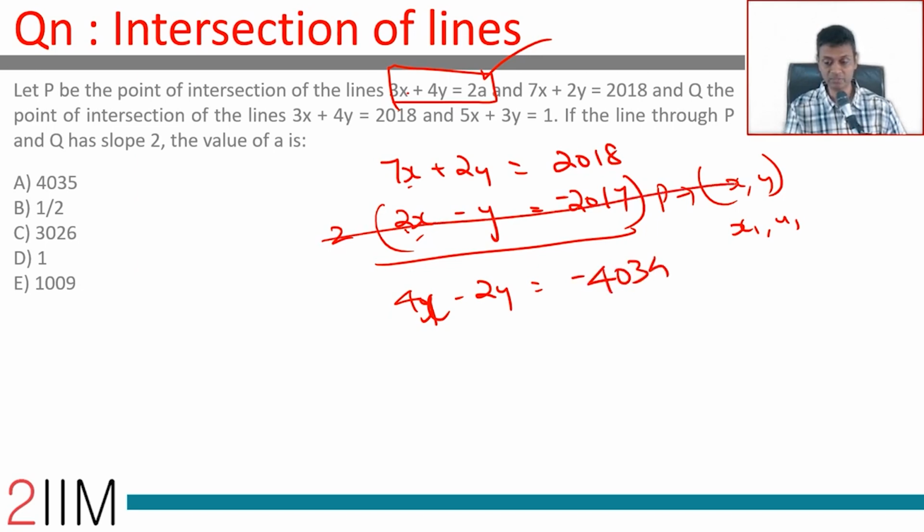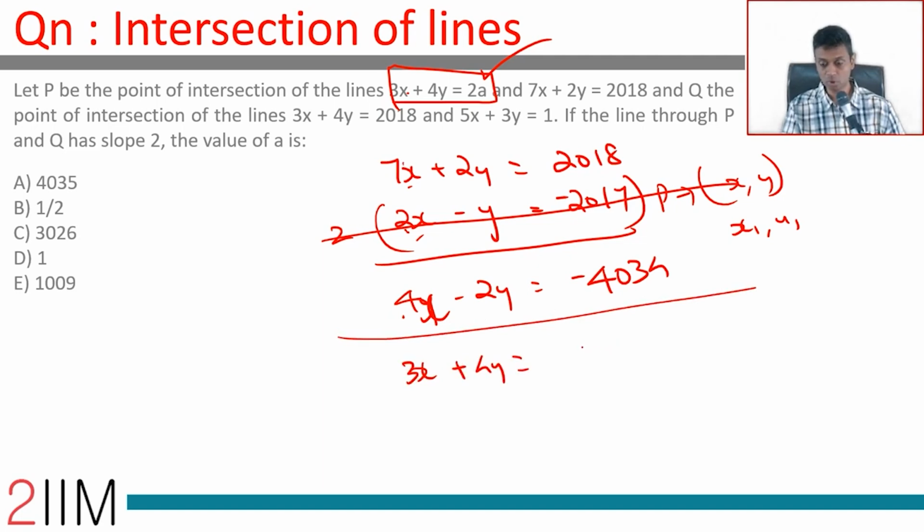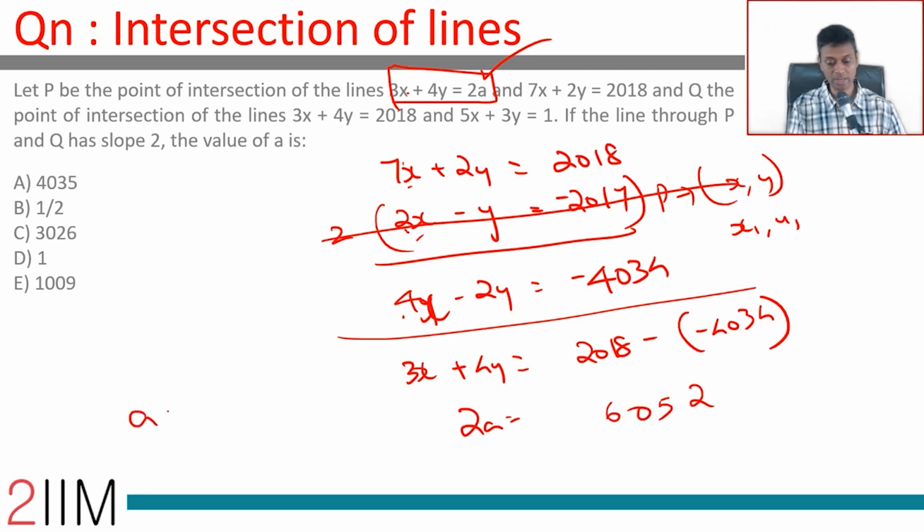Now subtract this from this. We'll get 3x plus 4y equals 2018 minus 4034. This is 2a. 2a equals 6052, or A is 3026.